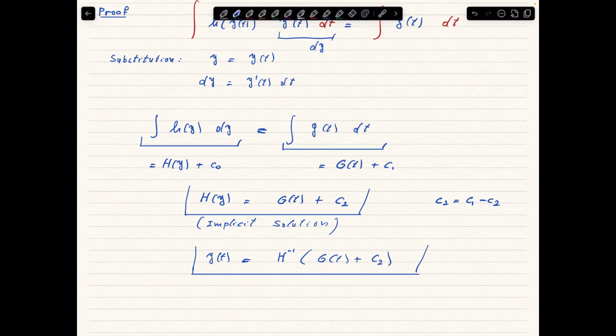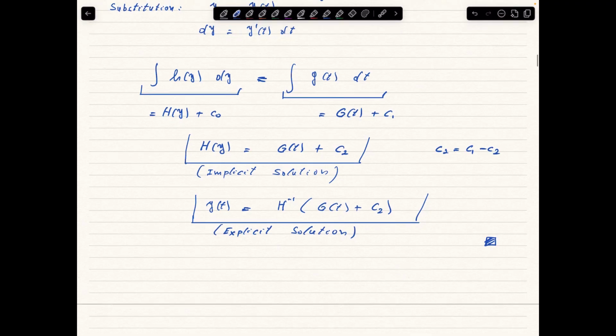And this is the explicit solution. And that ends the proof.